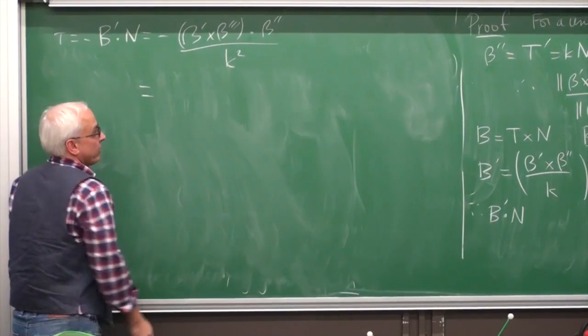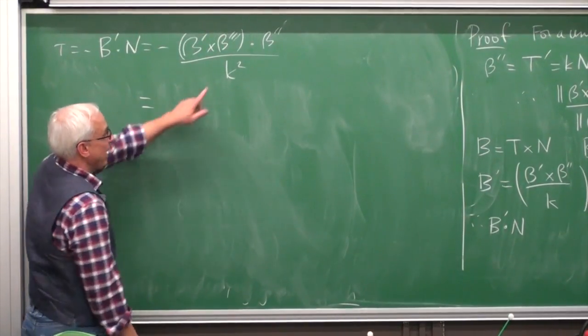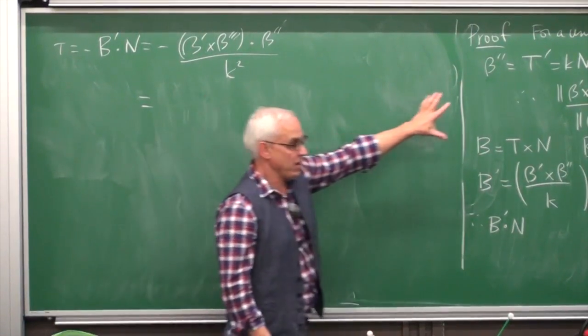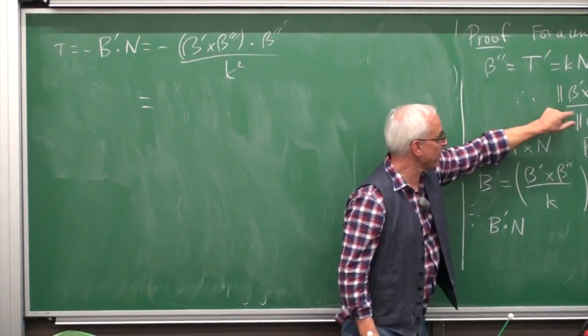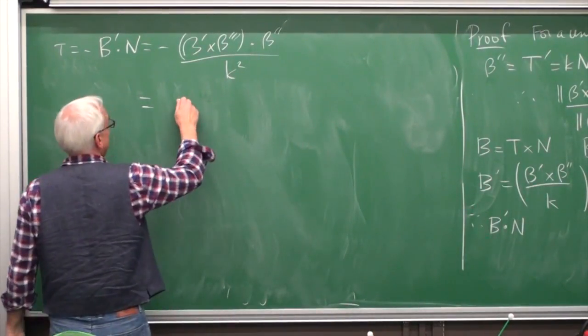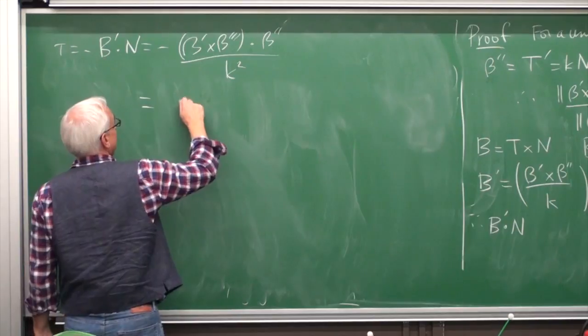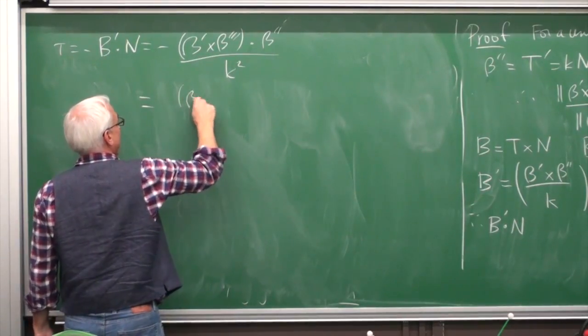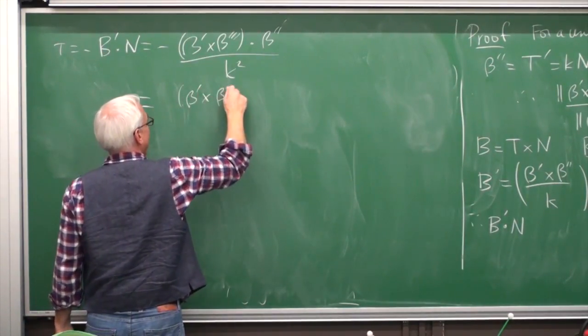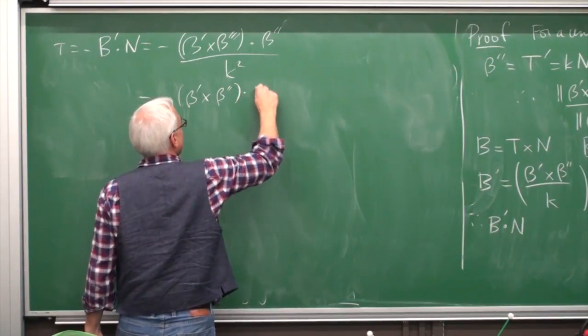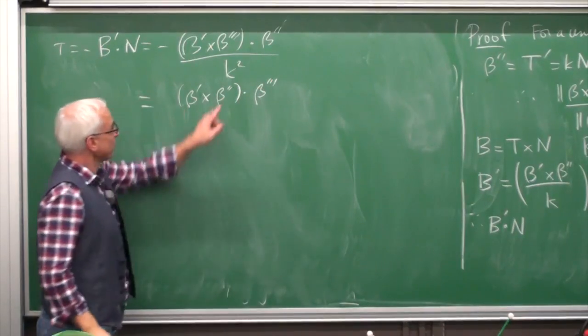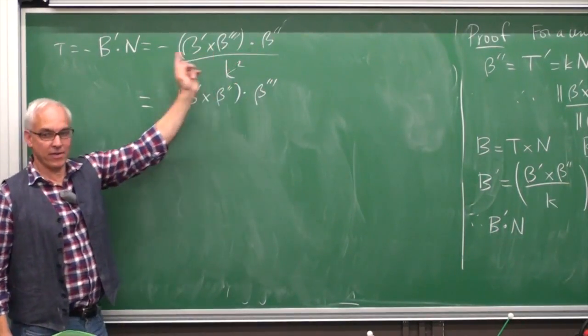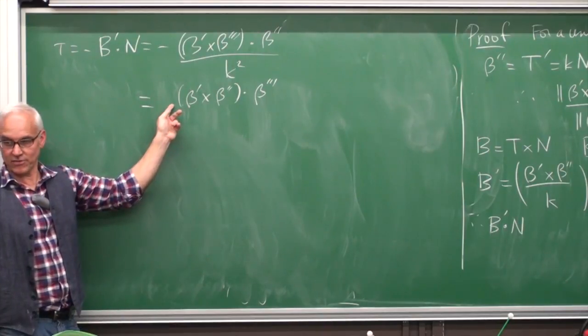Okay, but now I can rewrite that because I know what k is from here. If I square that and put it in the bottom, I'll rearrange this also: beta prime cross beta double prime dot beta triple prime. If I interchange these two, the minus sign disappears.